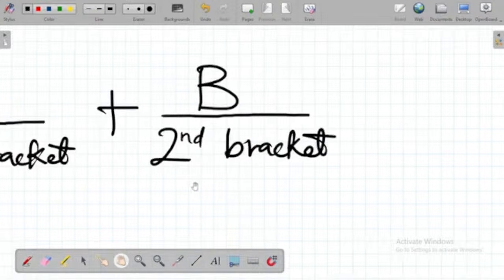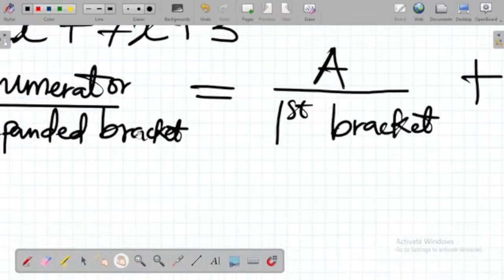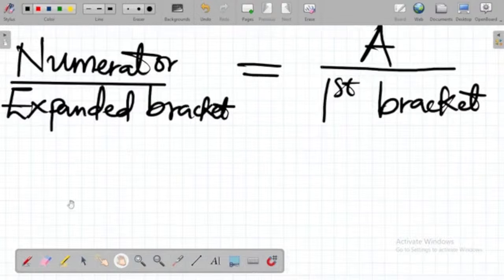And then if it has 3 brackets, it keeps on going, plus C all over the third bracket. But because in the question we are given only 2 brackets, we'll stop at B.